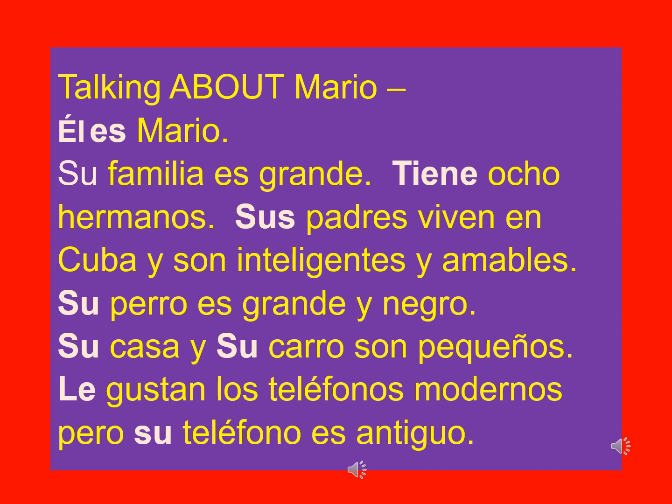Su perro es grande y negro. Su casa y su carro son pequeños. Le gustan los teléfonos. I've changed it to "le" because we're saying he likes them or they are pleasing to him. So it's going to be le gustan los teléfonos modernos, pero su teléfono, his teléfono es antiguo.